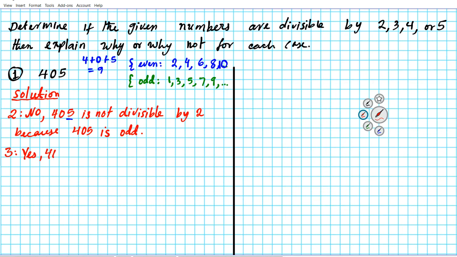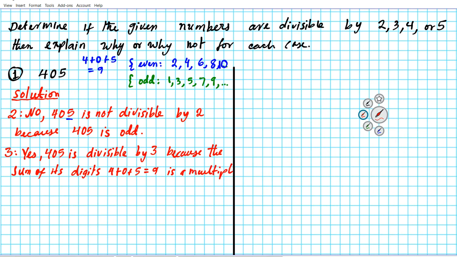Why? 405 is divisible by 3 because the sum of its digits, 4 plus 0 plus 5 equals 9, is a multiple of 3.